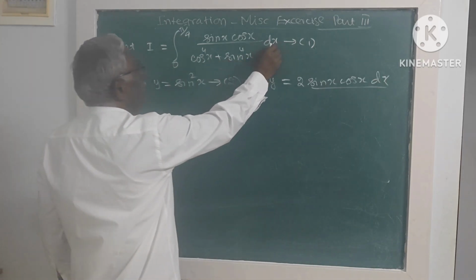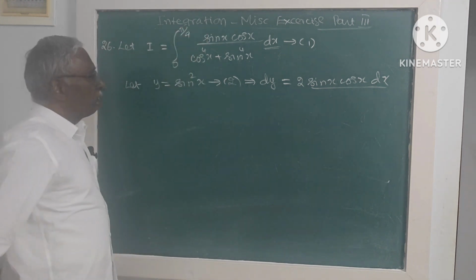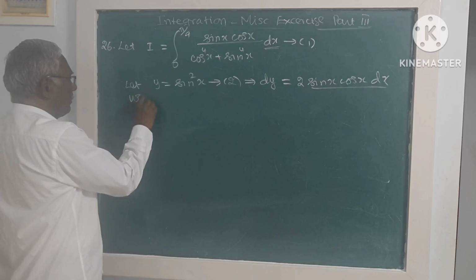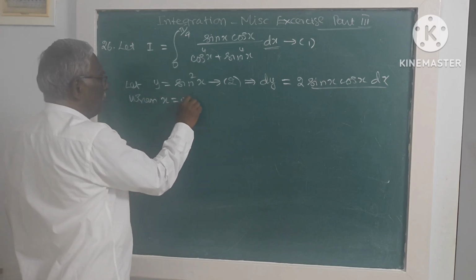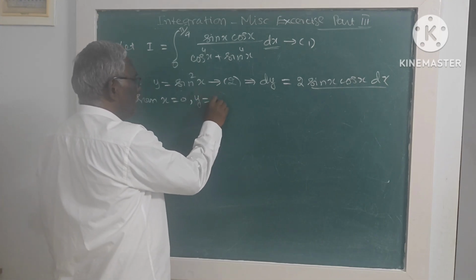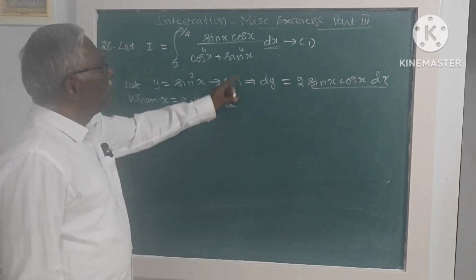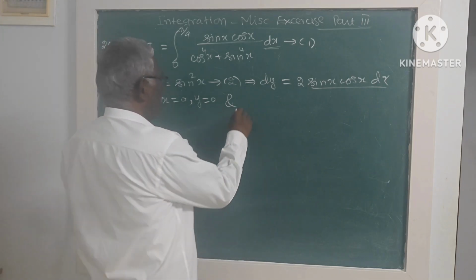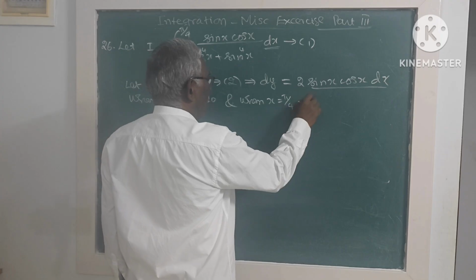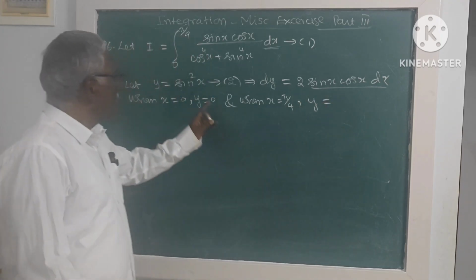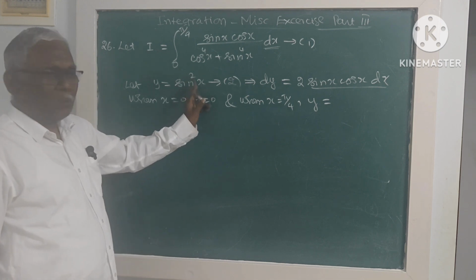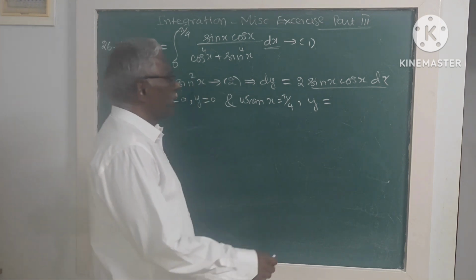When x varies from 0 to pi by 4, when x is 0, sin 0 is 0, so y also becomes 0, and when x is pi by 4, y is equal to sin 45 degrees, 1 by root 2. 1 by root 2 whole square is 1 by 2. So y is equal to 1 by 2.